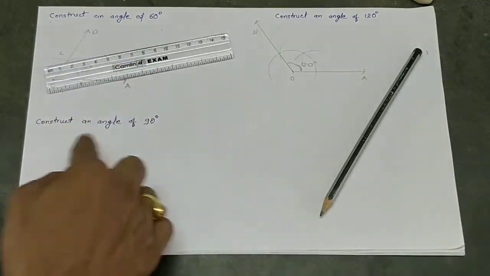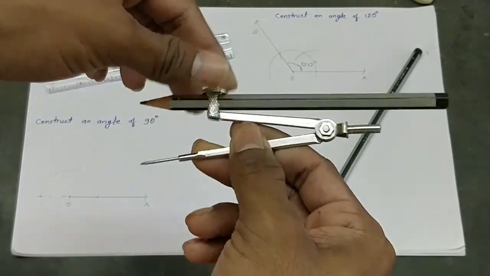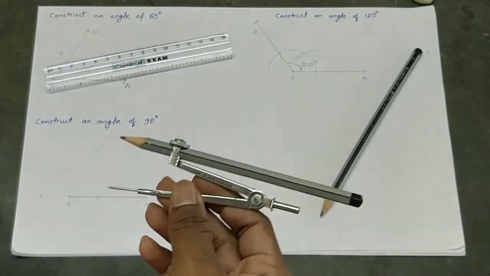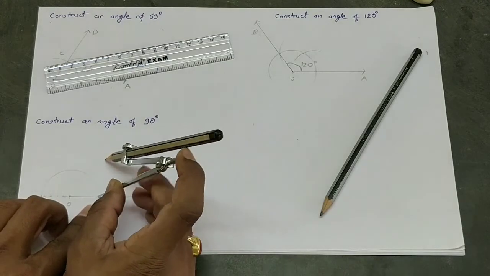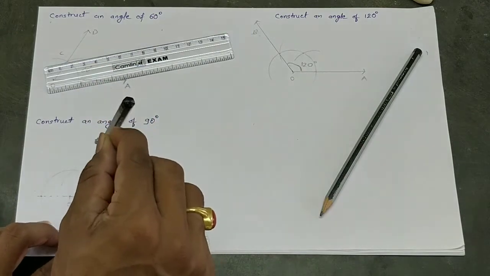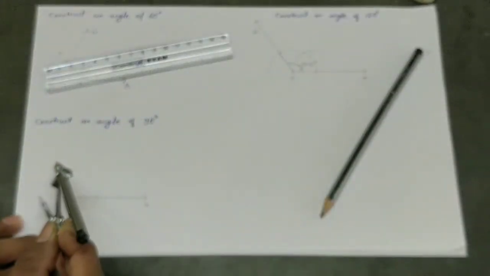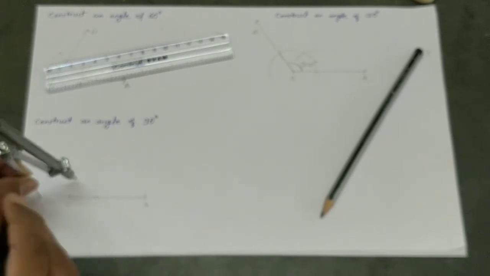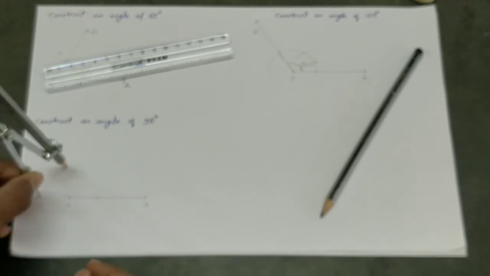Now in order to draw an angle of 90 degree, I'm extending my compass a little bit, and I'm keeping this compass over here at this point, and I'm going to cut one arc over here like this. And now without changing this distance, I'm going to keep my compass over here on this point, and I'm going to cut this arc like this over here.